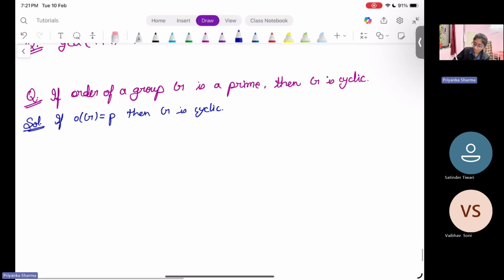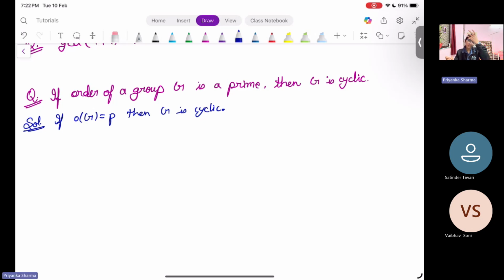Suppose we have a group and it has P elements where P is a prime. Do you want to say something, or do you want to guess whether this is true or false? Ma'am, it is true. Every prime number is finite, so G must be cyclic.